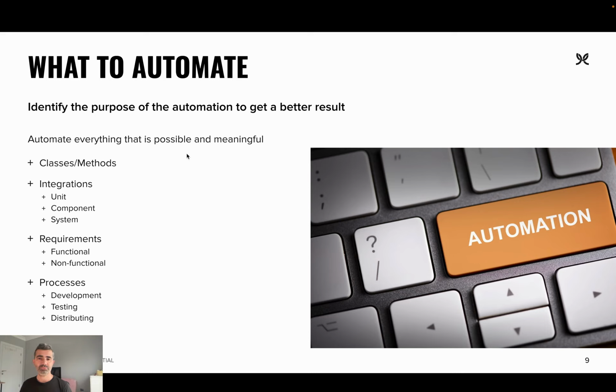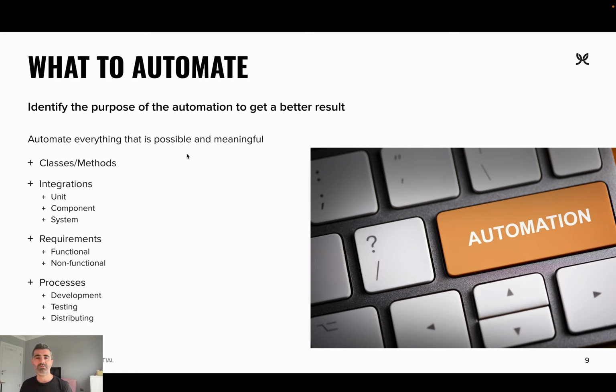In terms of automation, we should automate everything that is meaningful and possible. Most probably everything is possible to automate, but in terms of maintainability, it might be expensive. So instead, we should check whether the test cases are meaningful and possible.